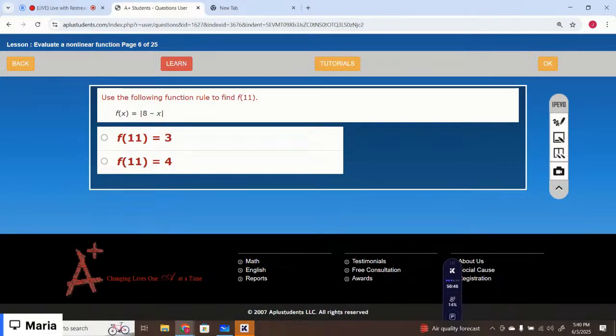Use the following function rule to find f of 11. Option number 1 is the correct option.